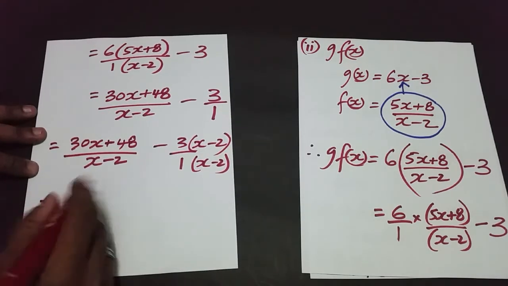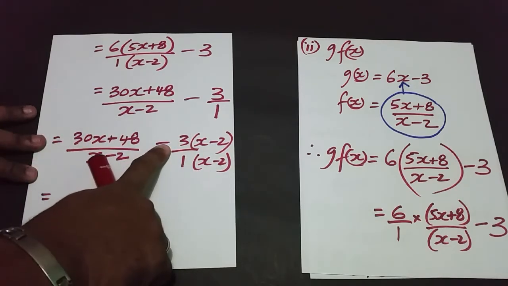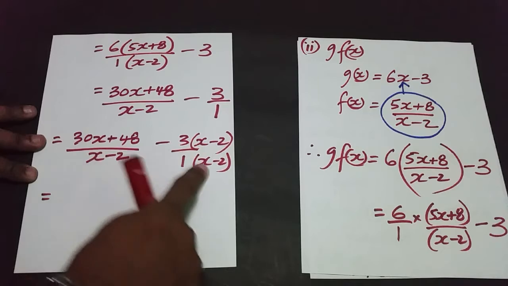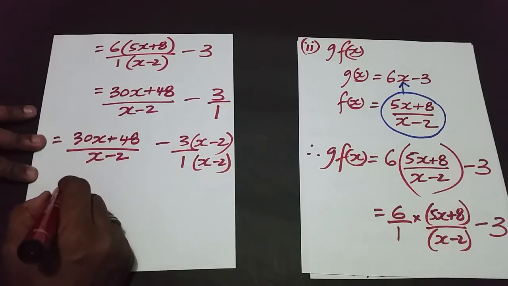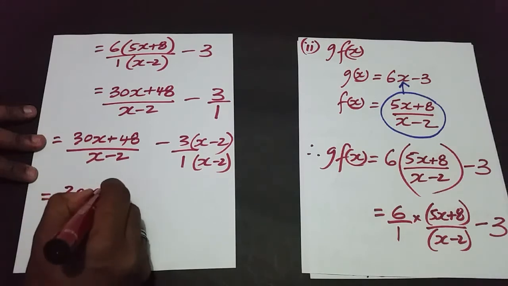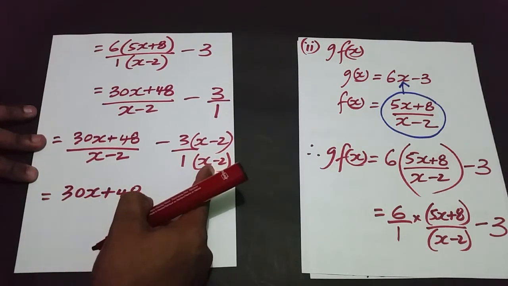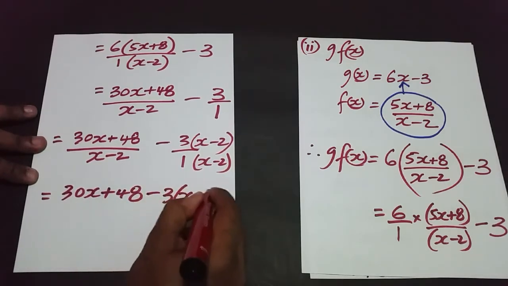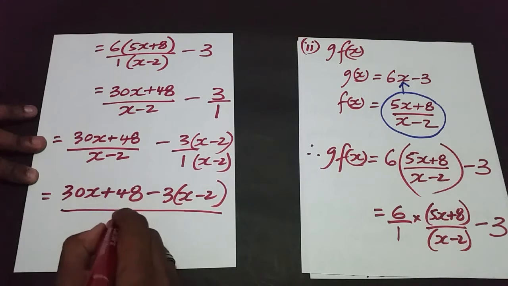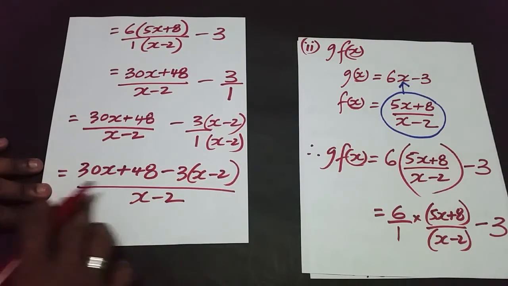So what I'm going to end up with here, don't expand here because you're going to make an error, because this minus actually belongs in front of the 3, and you're going to forget that. So what you want to do is establish that you have the same denominators now, because 1 times x minus 2 is going to give you x minus 2. So we're going to have the same denominators. So we put everything over x minus 2, and then now we can proceed to expand and simplify.